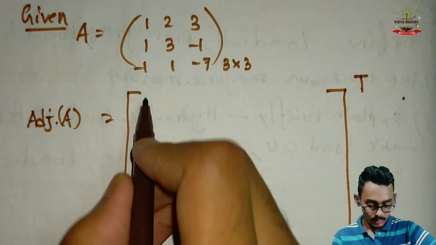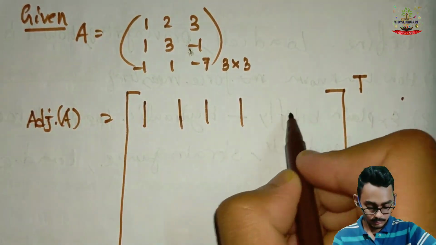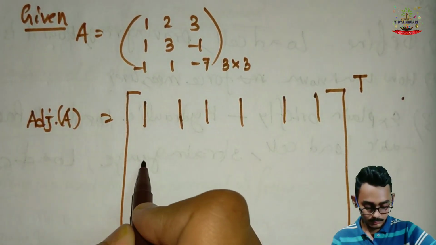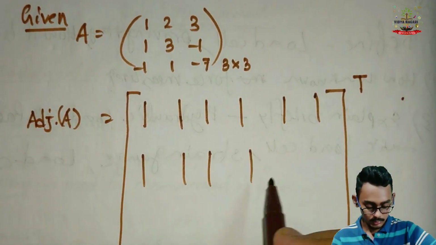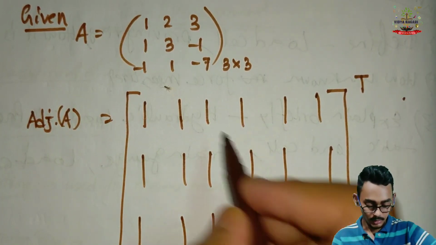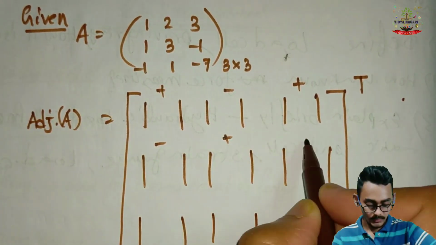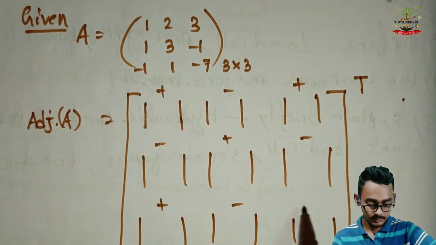Here first we have to give the signs: plus, minus, plus, minus, plus, minus, plus, minus, plus.